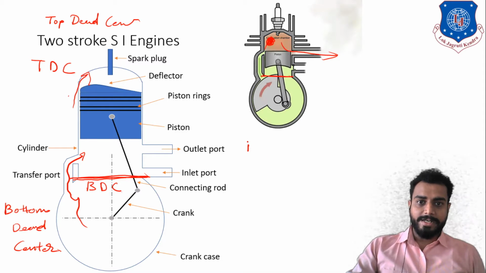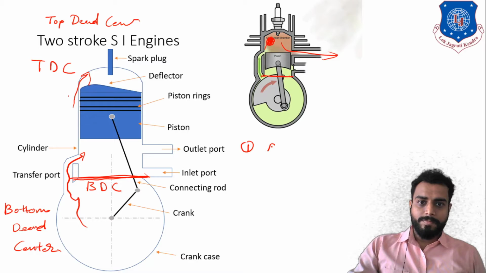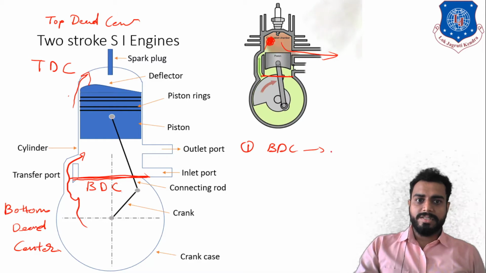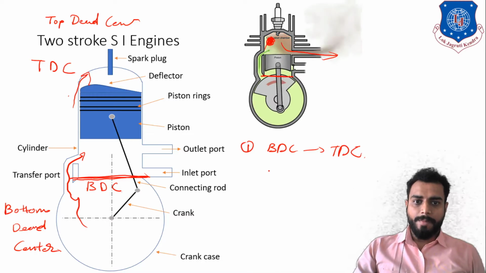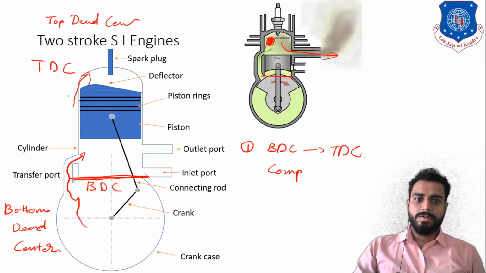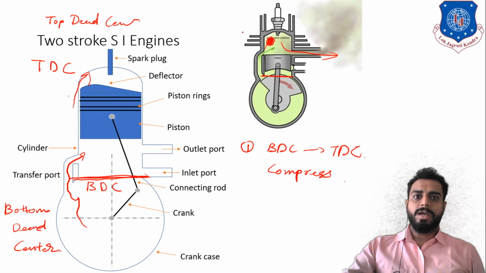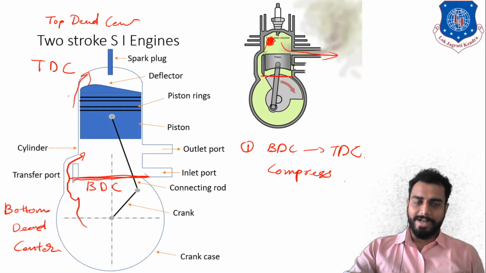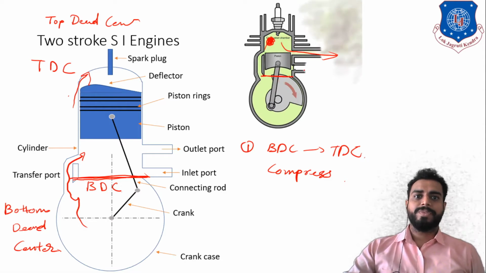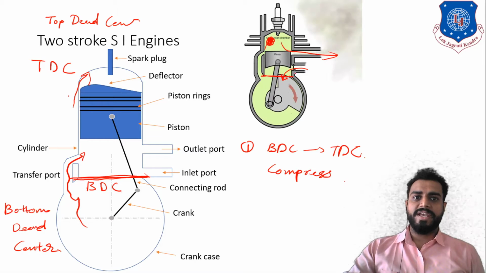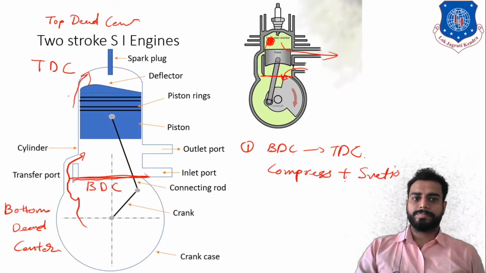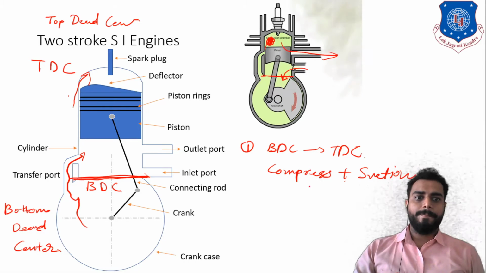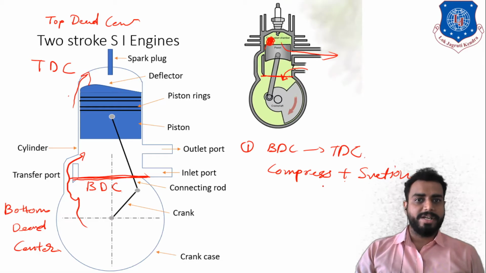As the piston is moving from BDC to TDC, it will first of all compress the already present mixture that is over here. It will compress the mixture over here, and at the same time suction will occur because the inlet port is open. So compression and suction both are taking place simultaneously.